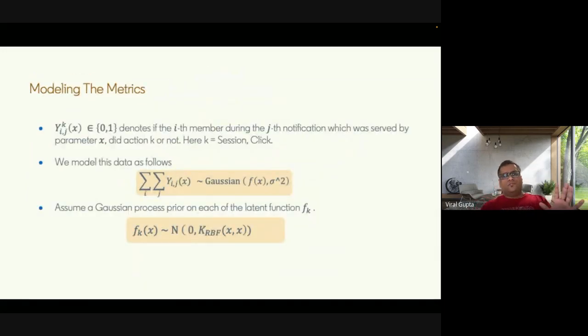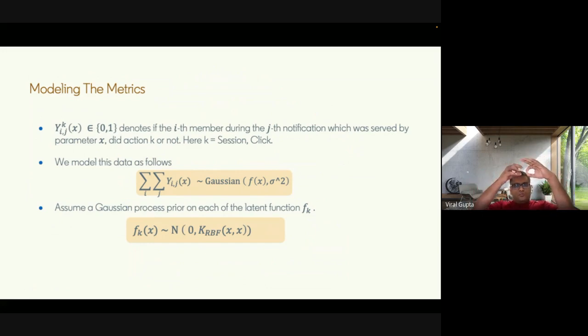And all I'm saying is this. Think of x equal to 1 and x equal to 2, simply two rows. For x equal to 1, there is a metric value I compute, and for x equal to 2, there's a metric value I compute. And these two are correlated. They cannot be very far away from each other.